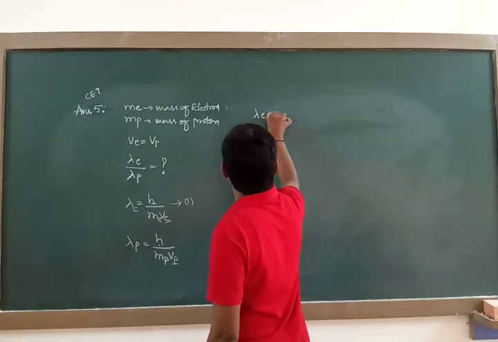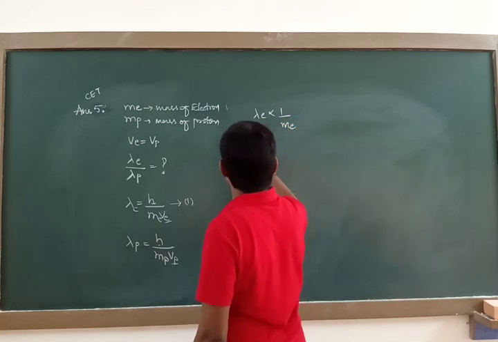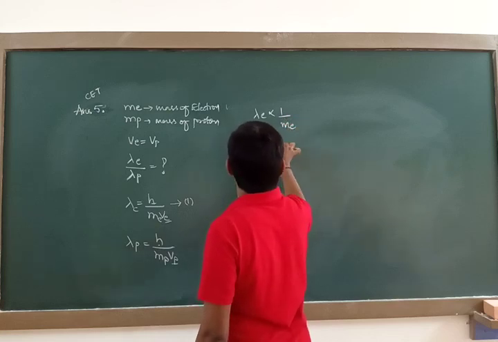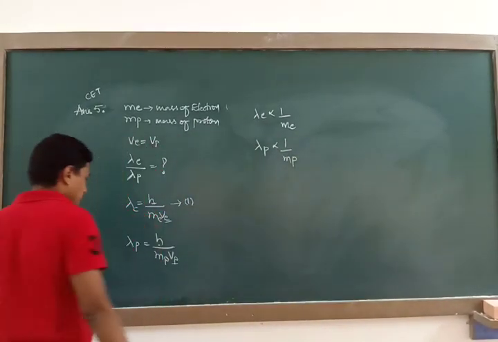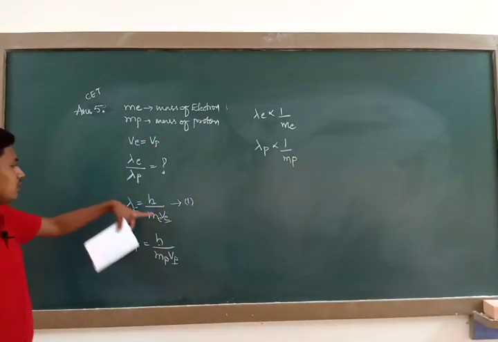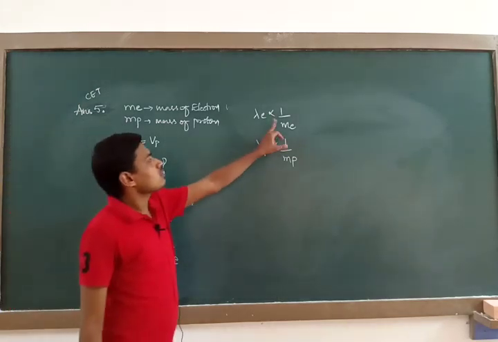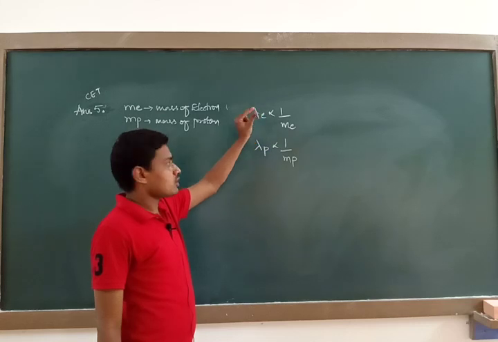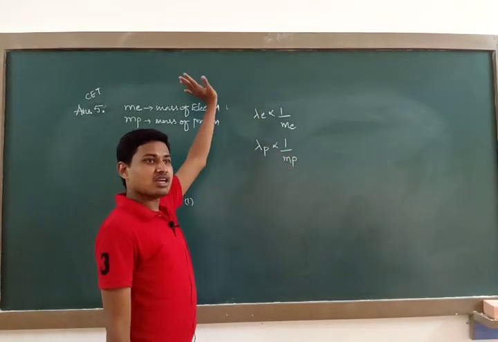That lambda e is inversely proportional to me, and lambda p is inversely proportional to mp. This is the conclusion. Here h by v becomes a constant. So obviously we know that the wavelength will be short for heavier mass particles.